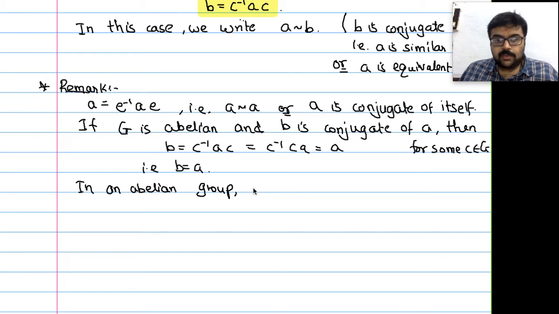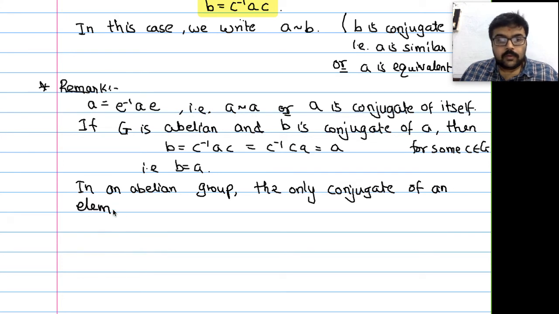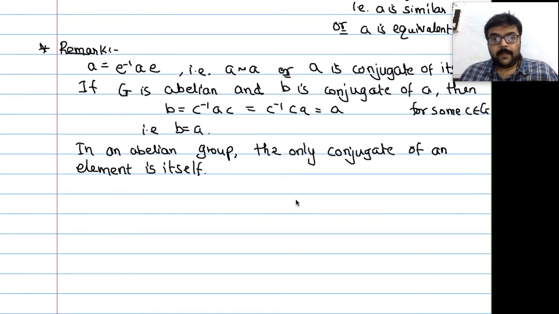In an abelian group, the only conjugate of an element is itself, right?